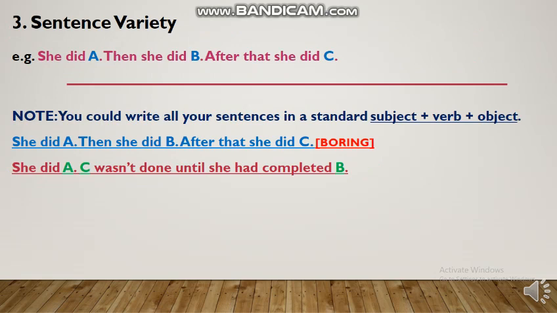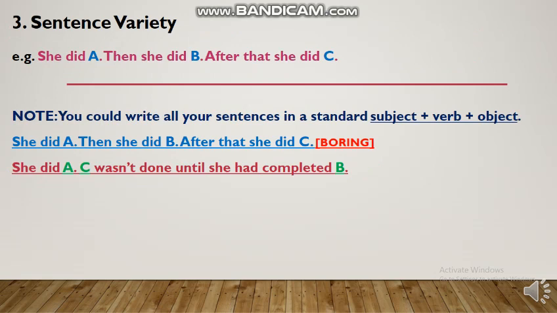The other reason that we use the passive voice is to get sentence variety. Sentence variety, like what? Of course, you could write your sentences in a standard subject-verb-object structure. That's okay. You use the active voice in writing your sentences.